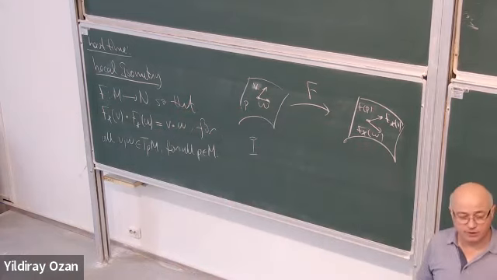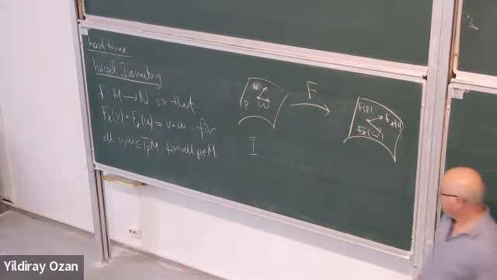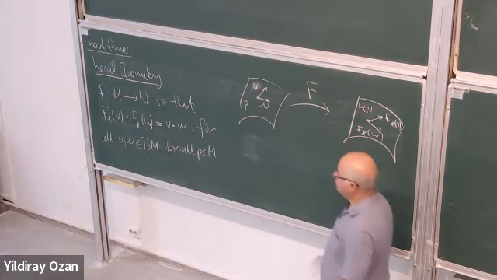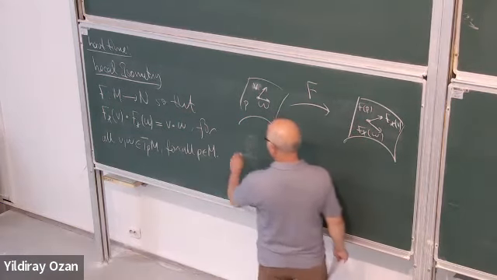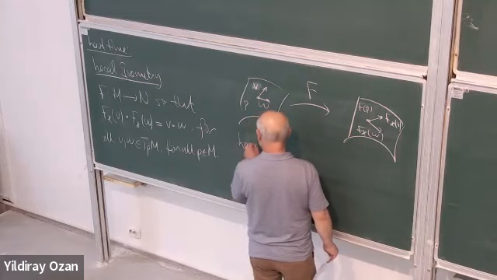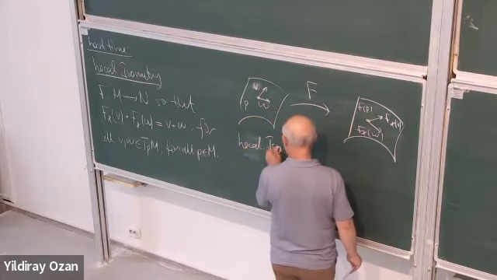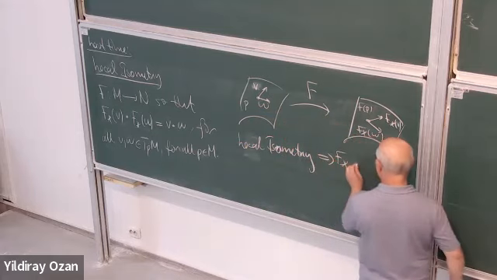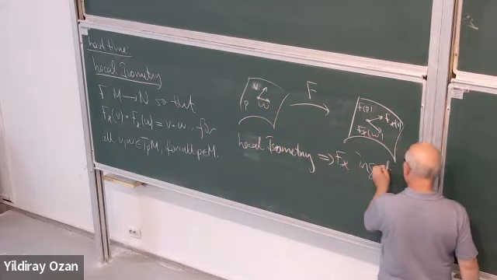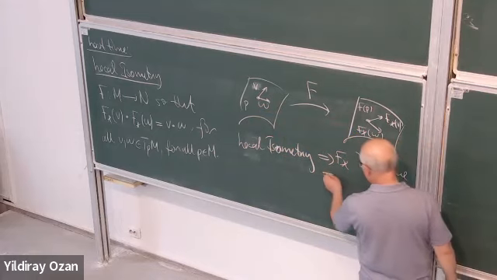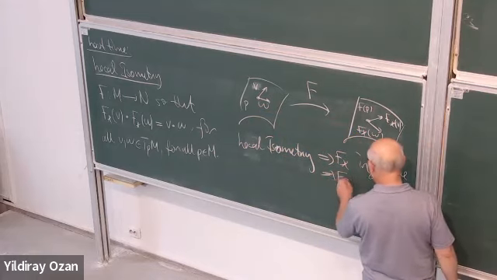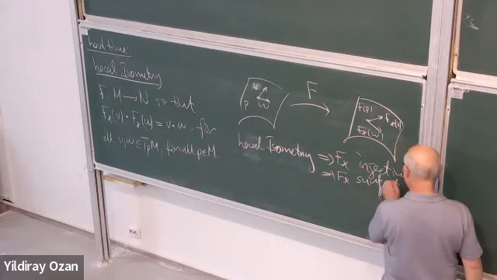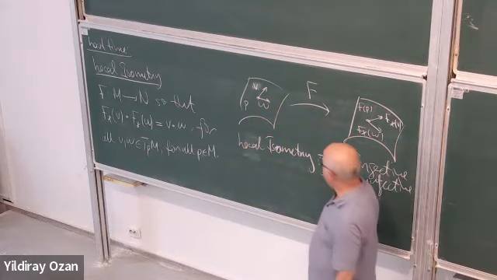Therefore, a non-zero vector is never sent to a zero vector. A local isometry automatically has injective derivative. F star is injective and therefore surjective, of course, because both tangent spaces have the same dimensions, right?